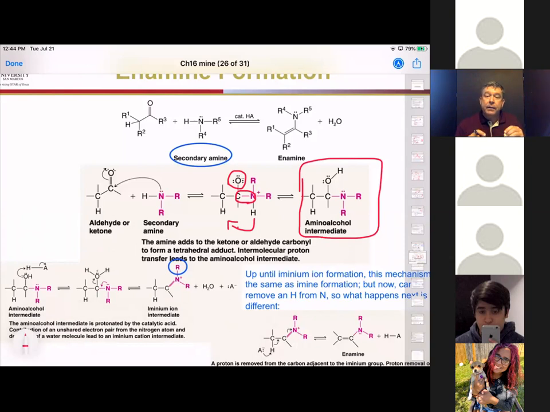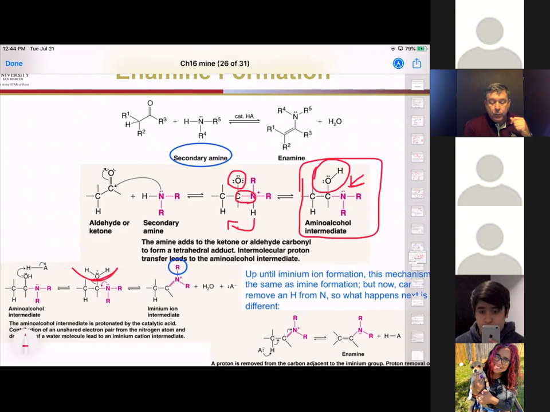Again, we cannot transfer another proton off of nitrogen because there's no proton to transfer to make that double bond. So what happens is we will protonate our alcohol, and when water leaves, right here, it forms a double bond with the carbon next to it eventually.